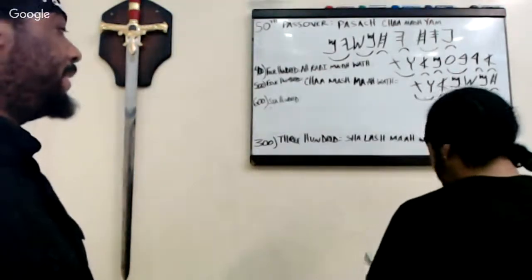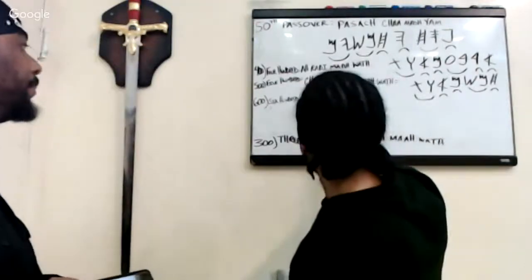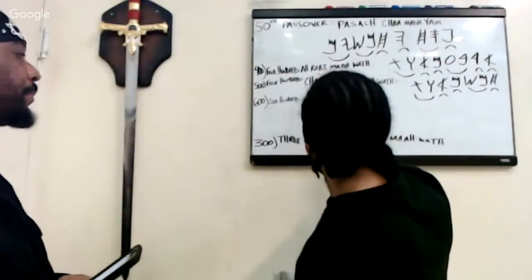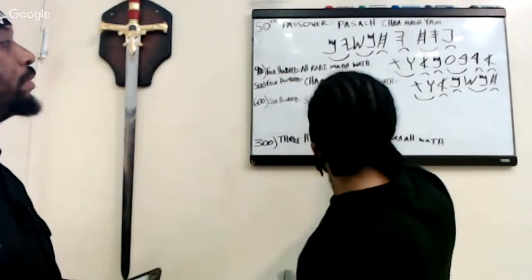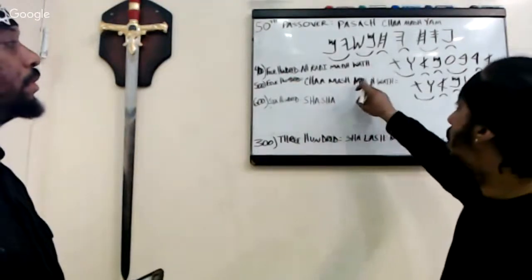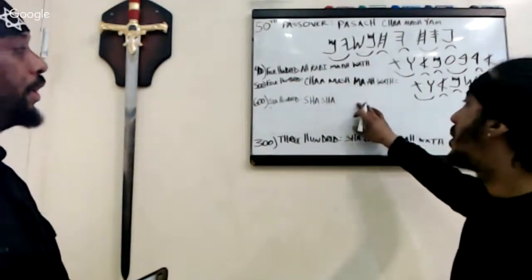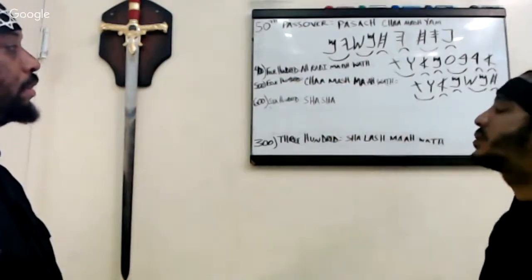How do we say six in Hebrew? Shesh. Sha. Right. Ma. Ma'ah Waf. Say the whole thing. Shesh Ma'ah Waf. And what is that? 600. Right.